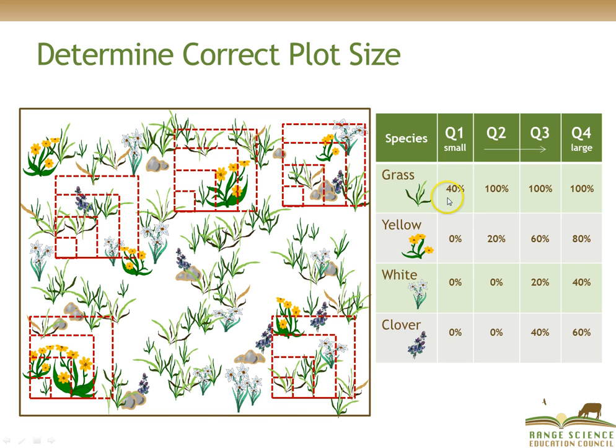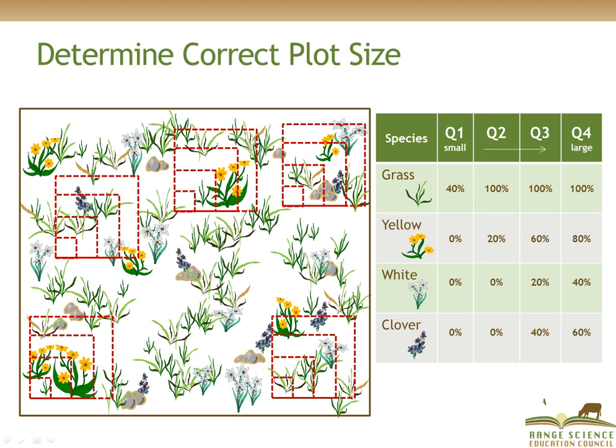And so we detect a 40% frequency using the smallest quadrat. By the time we get to the next larger size quadrat, quadrat size 2, the frequency has skyrocketed to 100%, and it remains at 100%.